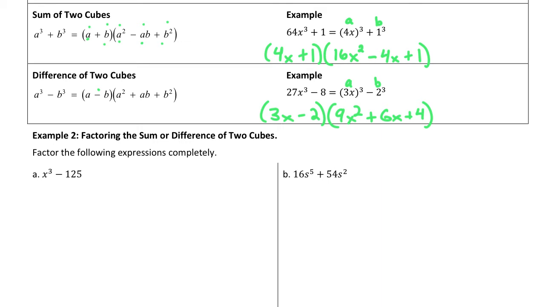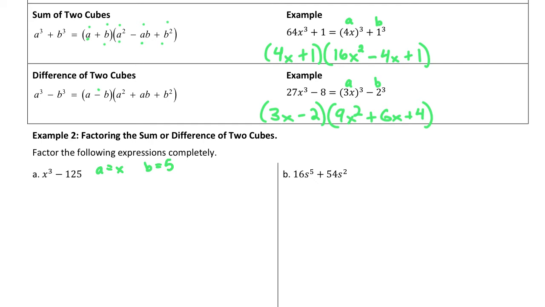So in this one, if we think about these as perfect cubes, I'm just going to write out a and b literally. The a value is just x. The b value, the cube root of 125, is 5. 5 times 5 times 5 is 125.